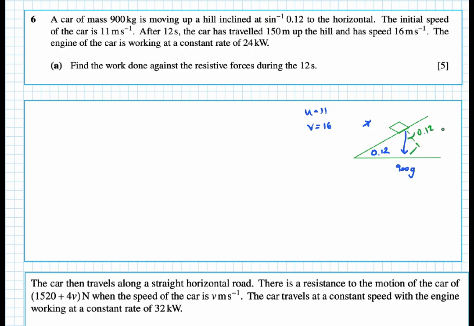We're going to have a component force as well. So after 12 seconds, the car traveled 150 meters as well. We'll do our energy calculations here. So kinetic energy, mv squared over 2.